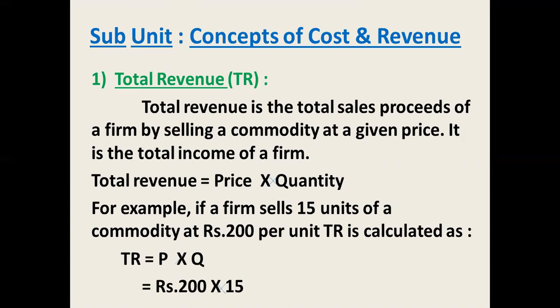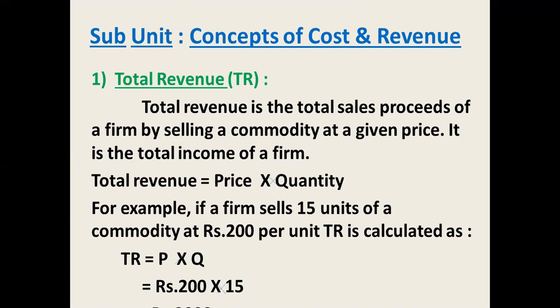Total revenue is calculated by price multiplied by quantity. That is the basic formula for the total revenue: the particular price of that commodity multiplied by how many units he has produced, the quantity of a commodity.